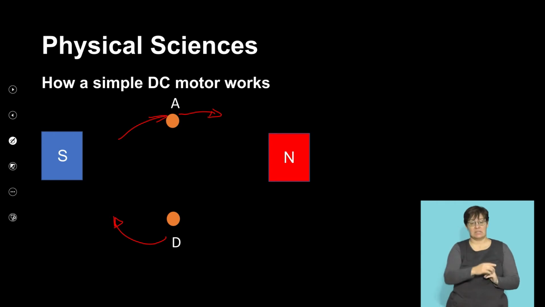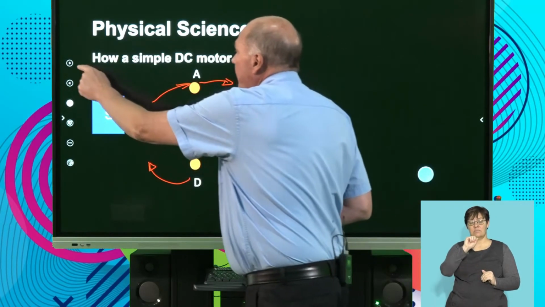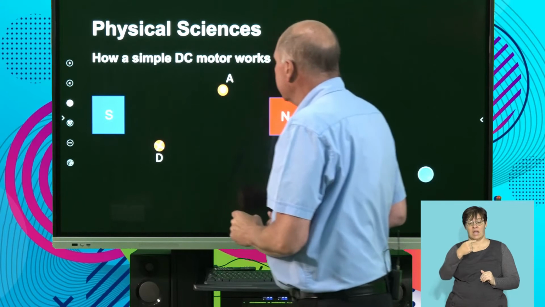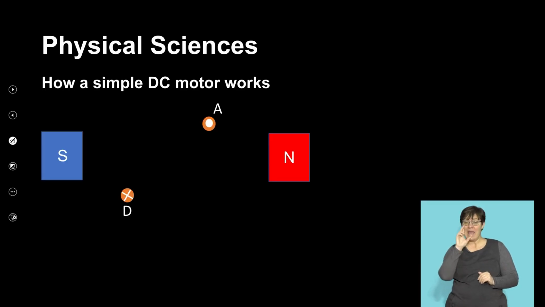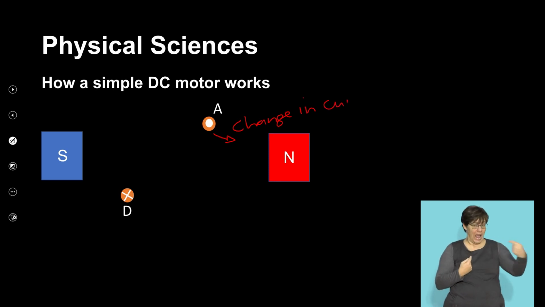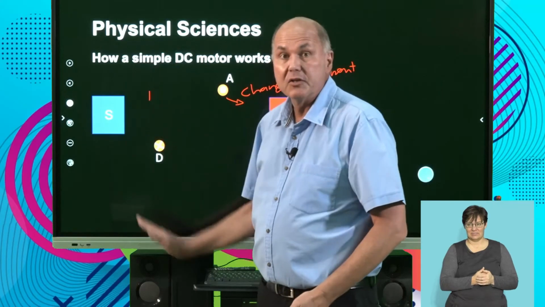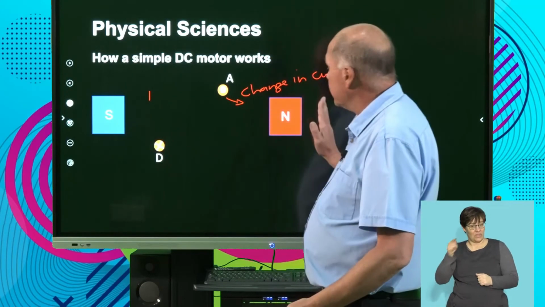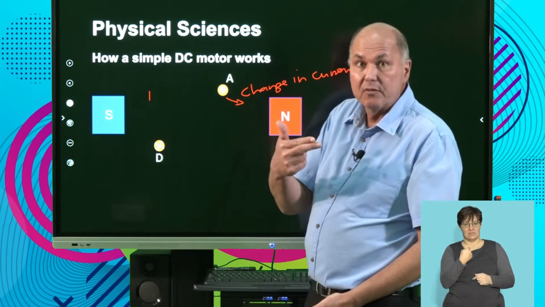So it can start to move in that direction. But what I want you to see is the split ring commutator has an interesting effect. At this point, the current now is different in A. There's been a change in the direction of current. A was going into the board on this side, closest to the South Pole. When it's closest to the North Pole, it's now out of the board.